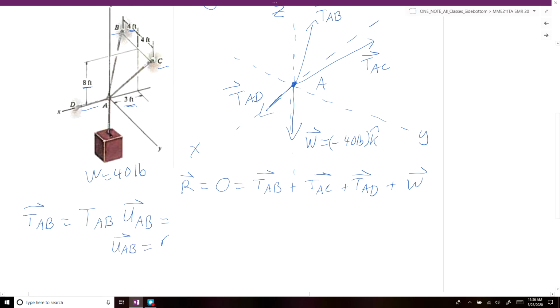We know that UAB is equal to RAB divided by the magnitude of RAB. RAB is just equal to RB minus RA. The nice thing in this case is RA is equal to 0, so we can ignore it.